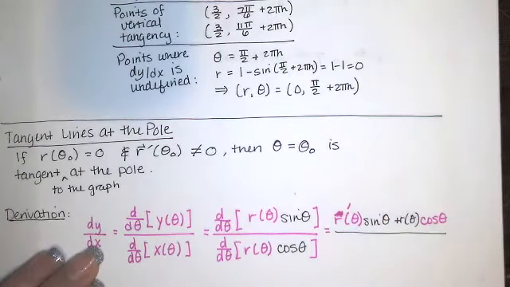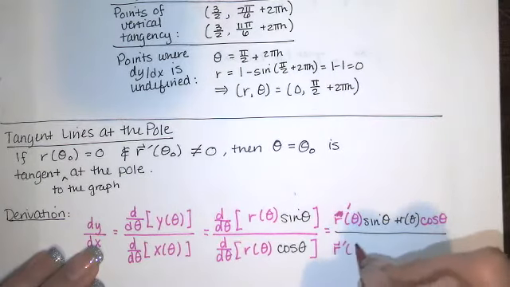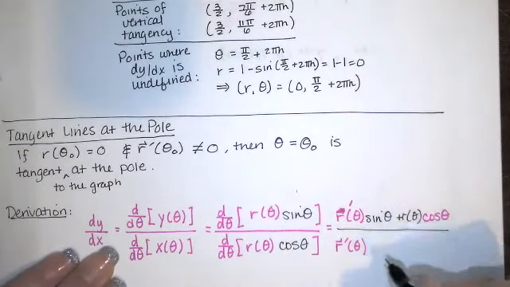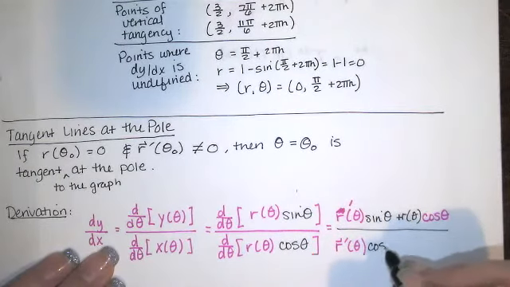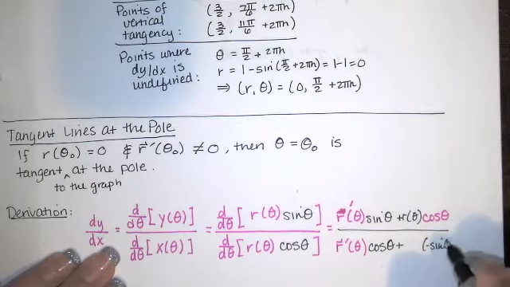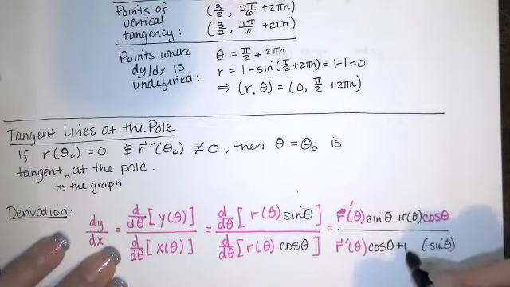And then we divide by derivative of the first times the second, plus derivative of the second, which is negative sine of theta, times the first. And I did not stick to my color convention.